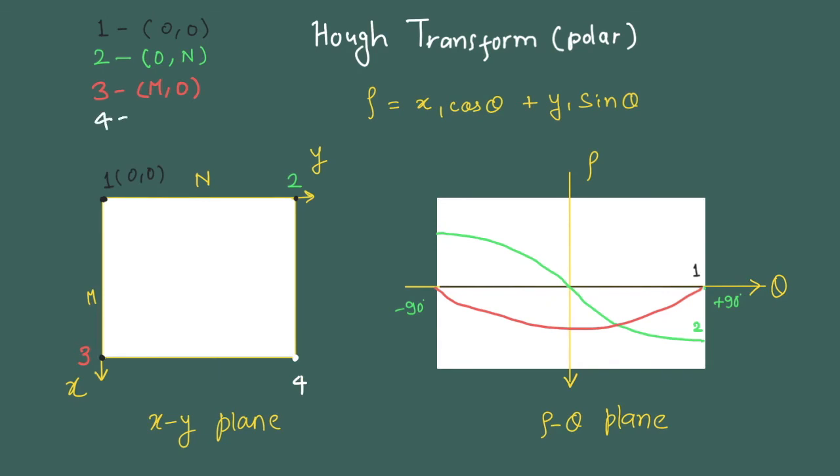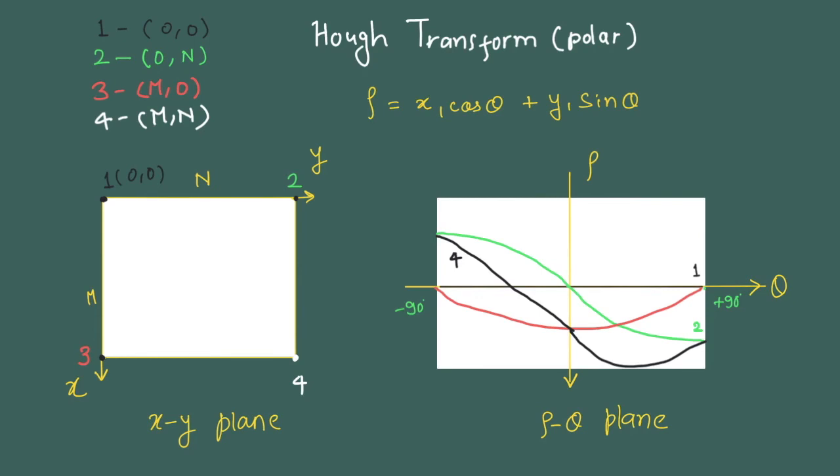For point number 4, coordinates would be m comma n. For m comma n, maximum rho would go, rho is length of this point. So here, as it's a diagonal, rho would go maximum as root of m square plus n square. So the equation would become rho equals m cos theta plus n sin theta. This is point number 4.